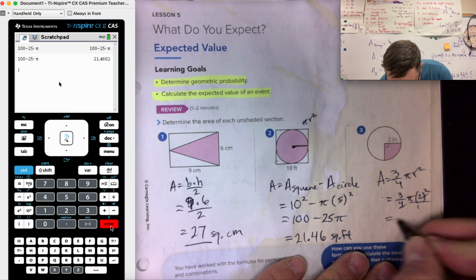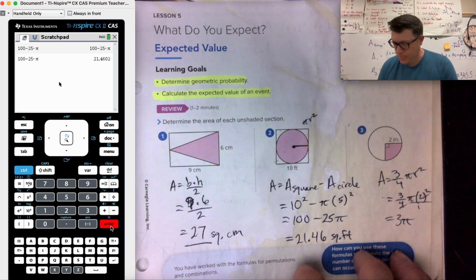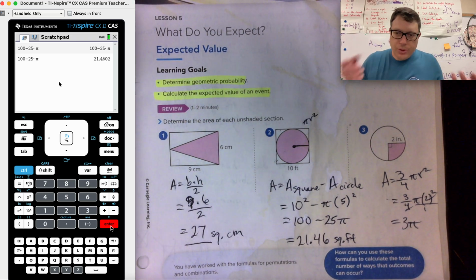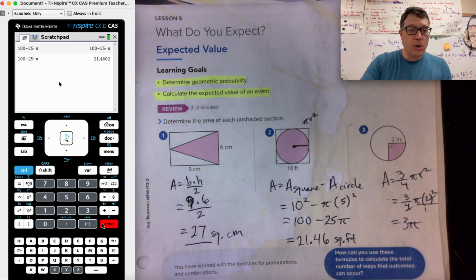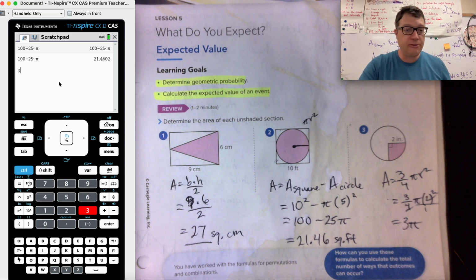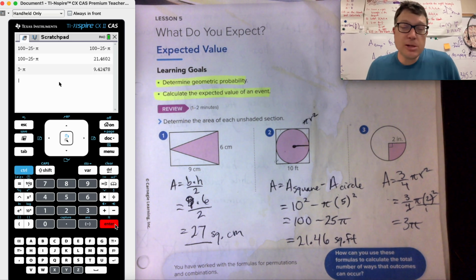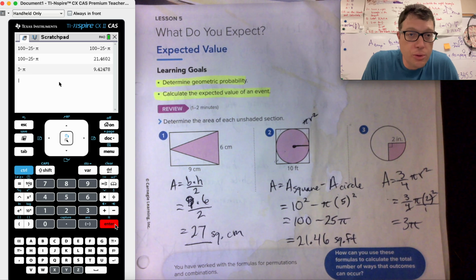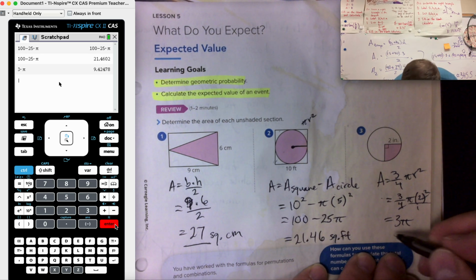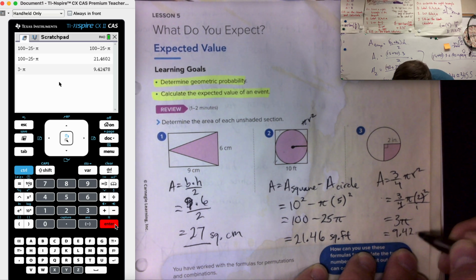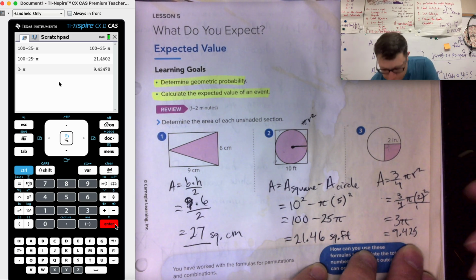When we reduce them, we're left with 3 pi, and 3 pi is a nice exact answer, and most of the time it'll be the right answer to leave, but I'm also going to go in here and go 3 pi, Control Enter, is approximately 9.425. 9.425 square inches.